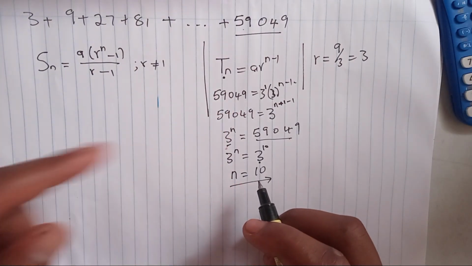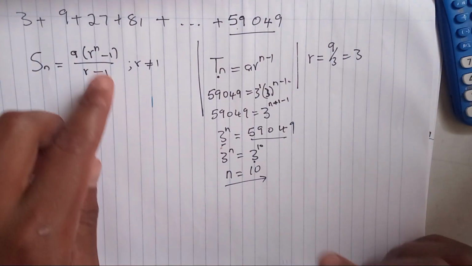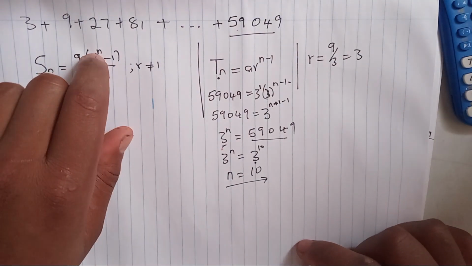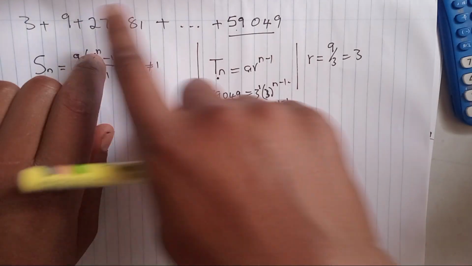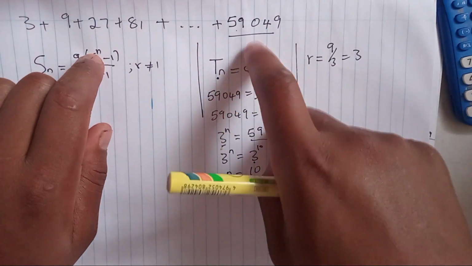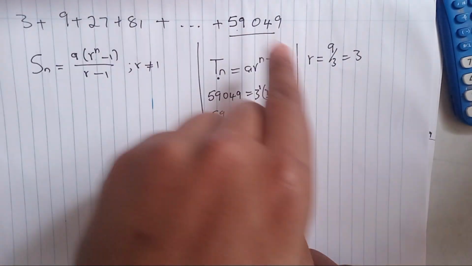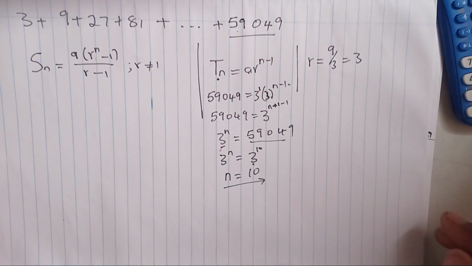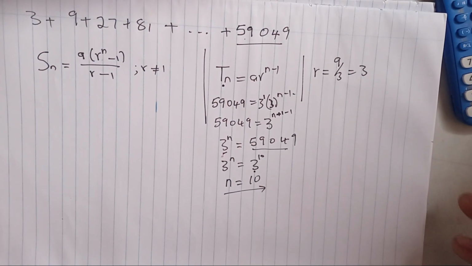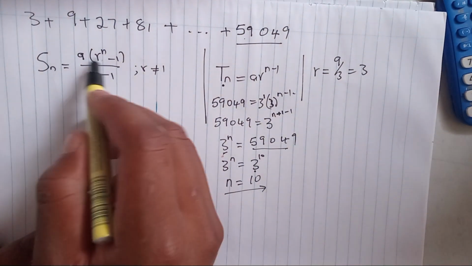We used this formula because we didn't know the value of n. And how are we going to know the value of n? We are going to know the value of n using this formula, because we have the last term of this series. So now let's go. We know a, r, and n.